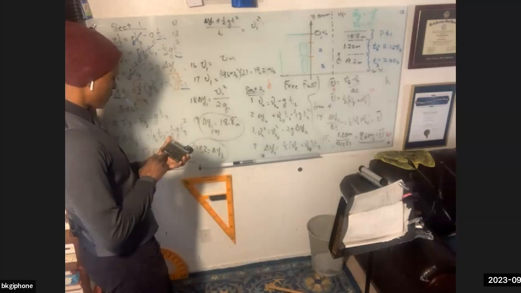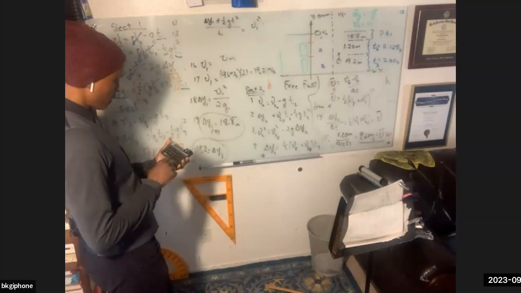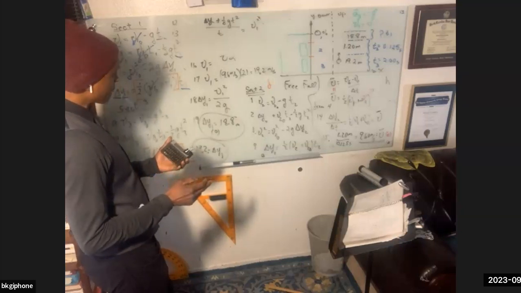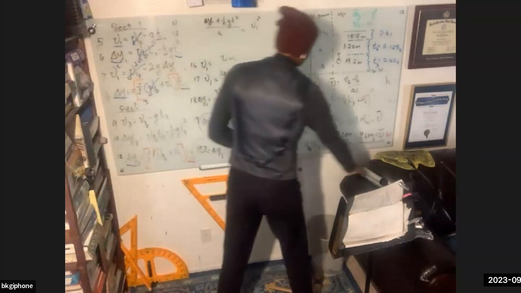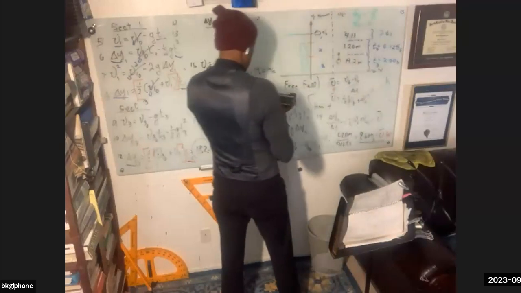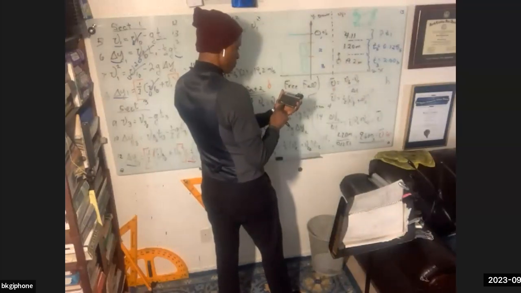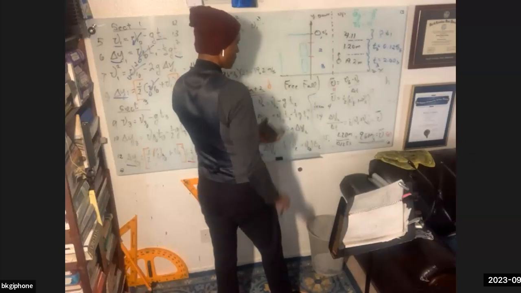Square that, divide by 2, and then 9.81. So that distance is where you get the 4.11. Yes, 4.11.